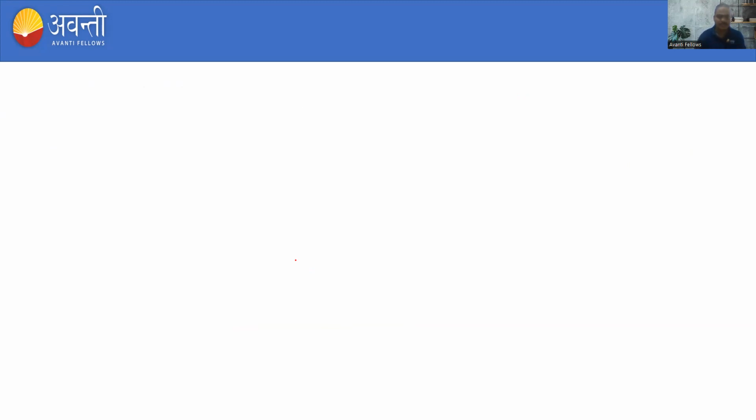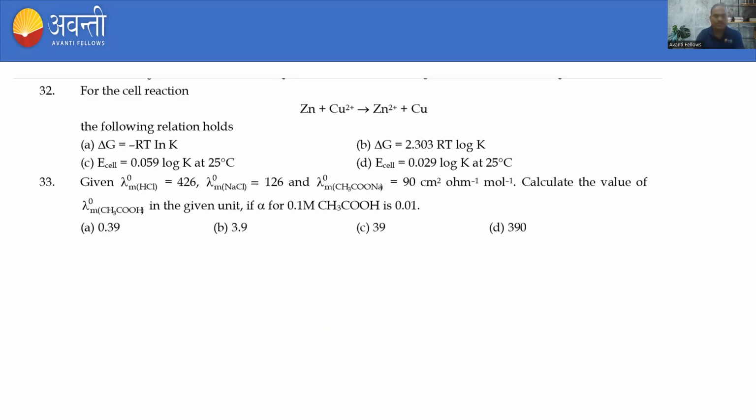Now move to the next thing, that is question number 32. So what is question number 32 saying to us? Have a quick look once. According to question number 32, for the cell the following relation holds, that is delta G is equal to minus RT ln K, delta G is equal to 2.303 into this, or we say E cell is equal to 0.0591 log K at 25 degrees Celsius, and E cell is equal to 0.029 log K at 25 degrees Celsius.